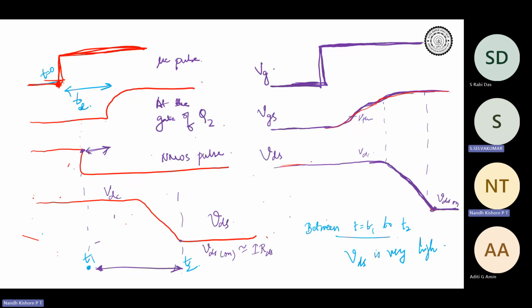Again, if you see over here, this is your T equal to T1 point, whereas this is your T2 point.